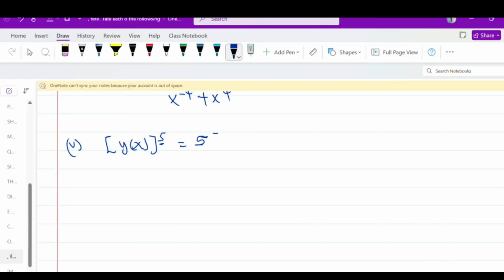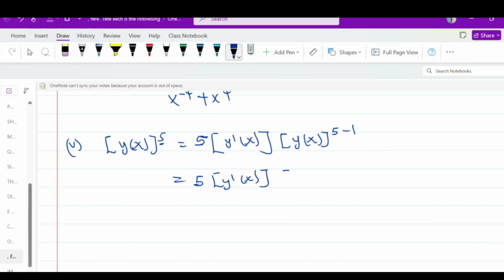Then we differentiate the inner function, which is going to give us y prime of x. Then we maintain the original function given to us. Then we subtract 1 from the exponent. So we are going to get 5 y prime of x multiplying y of x exponent 4.